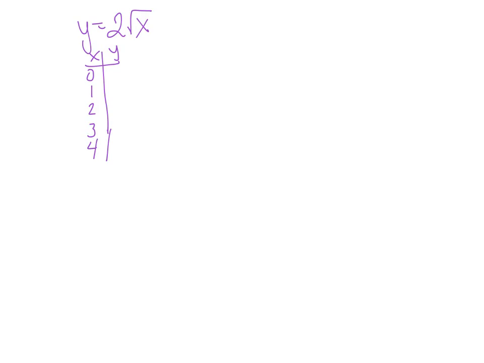That's all we are doing. So the square root of 0 is 0 times 2 is 0. The square root of 1 is 1 times 2 is 2. Continuing on, we'd get 2.828, 3.464, and 4.